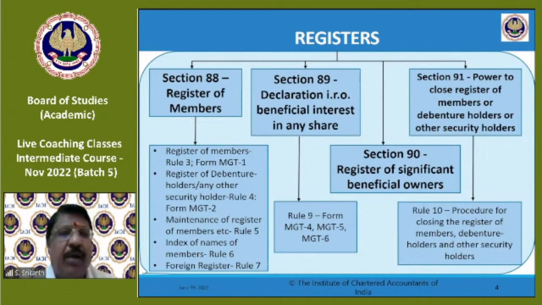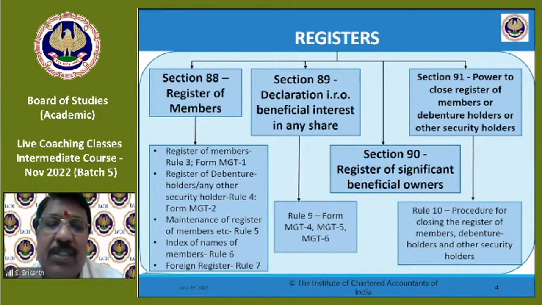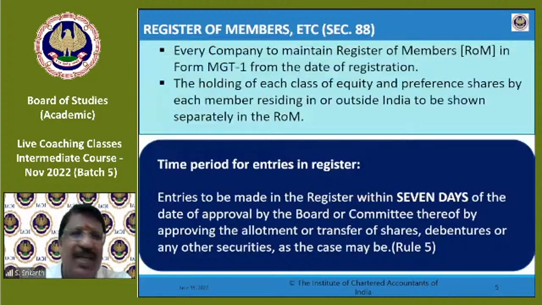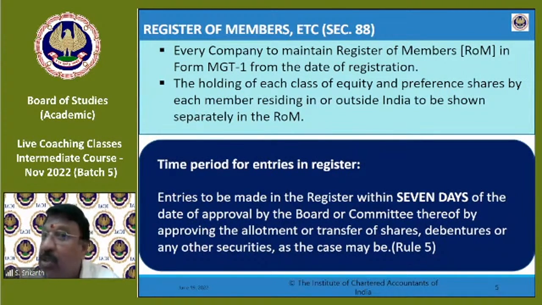We'll talk about it when we come to 89. Section 90, register of significant beneficial owners. Section 91, power to close the register of members or debenture holders for a certain period. It's a very, very simple topic. I'm going to just run through it so that if I have some time, I want to work out some problems also, if possible.